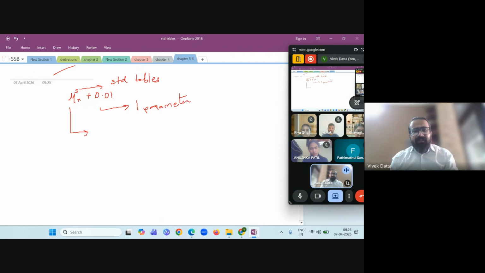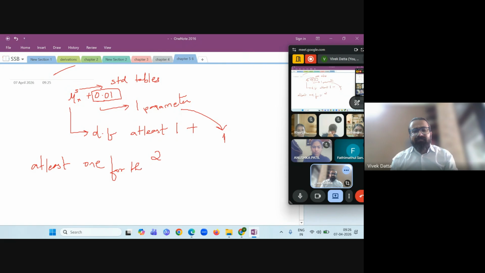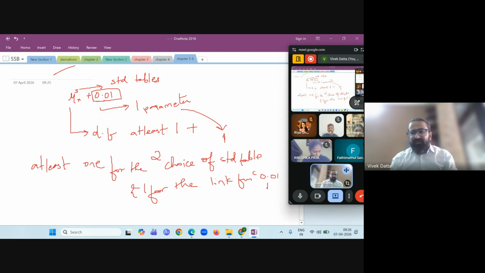Degrees of freedom will be at least one, plus one of this. So you need to start with at least two. You need to explicitly call out the fact that this is a link function. So you say at least one for the choice of standard table and one for the link function, because that also is a parameter. Clear?